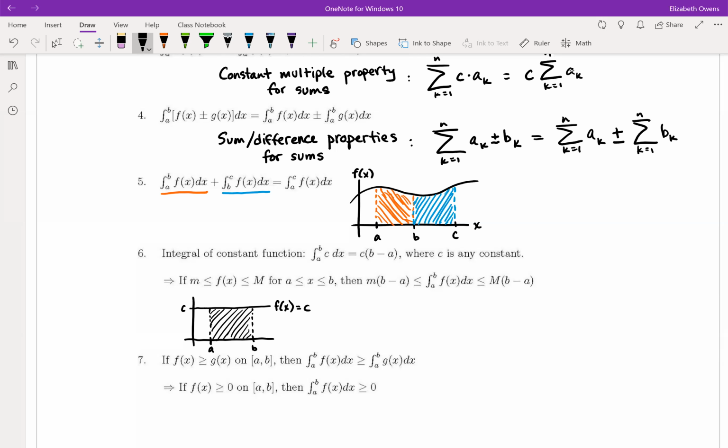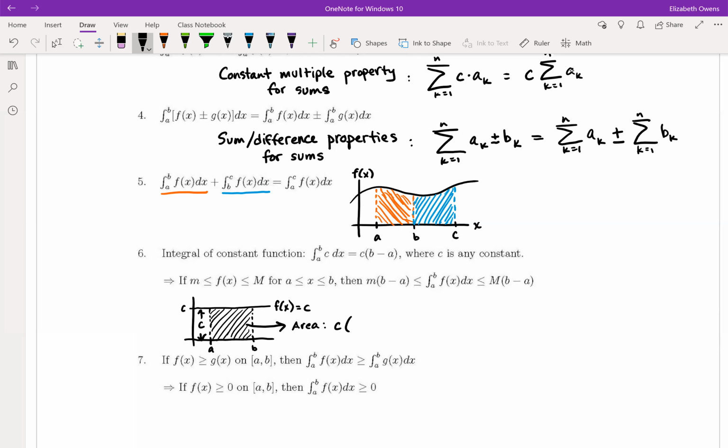Okay, we can see that that resulting area is a rectangle, and the area of that rectangle is going to be length times width or width times height, however you like to think about it. But the height of this rectangle is just c units.